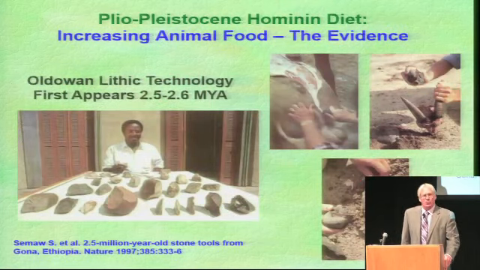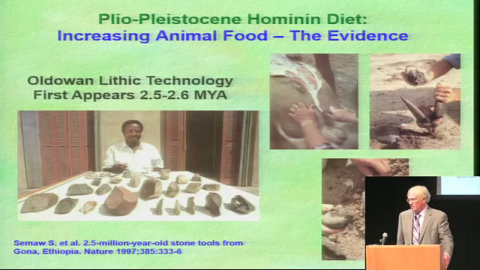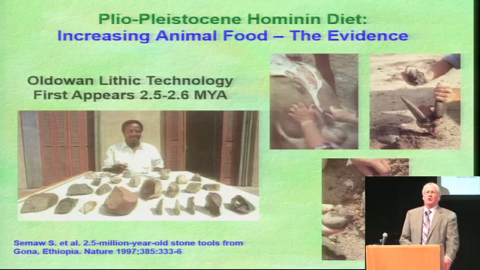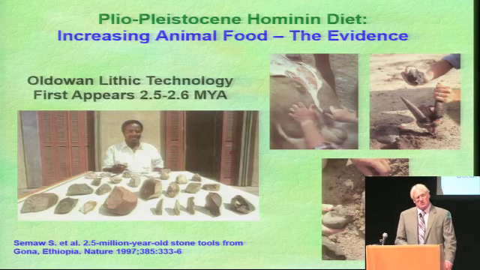Starting at about 2.5 million years ago, we see the very first lithic technology, called the Oldowan tool tradition, and it appears in East Africa, Ethiopia, about 2.5, 2.6 million years ago. There are two parts to these tools. If you look carefully, this fellow up here is actually Dr. Sama, the discoverer of these tools, and he's the guy that dated them.